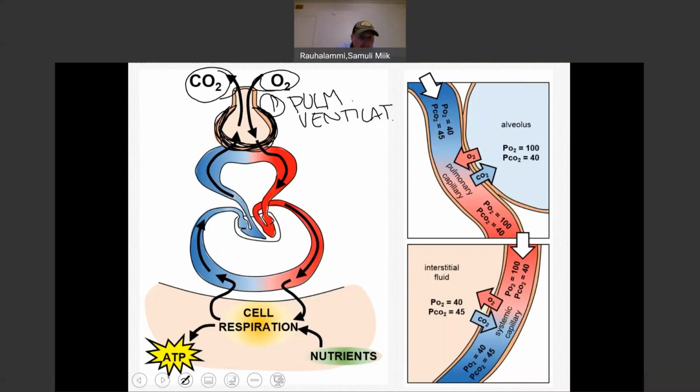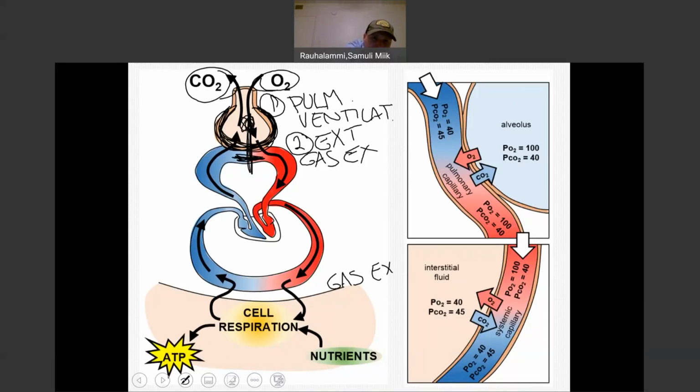Then the second phase of the respiration would be here our gas exchange, and it's going to be external gas exchange. And external gas exchange really refers to the exchange of the oxygen and carbon dioxide between the alveoli and the capillaries of the pulmonary circulation.